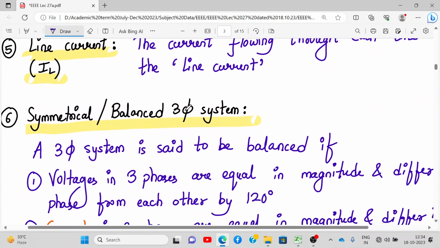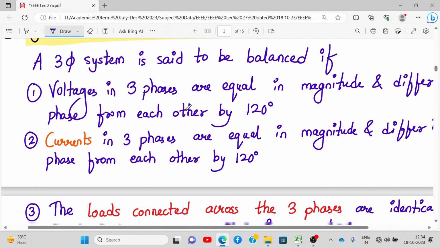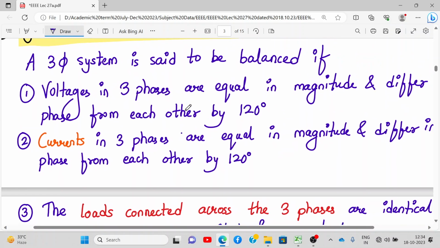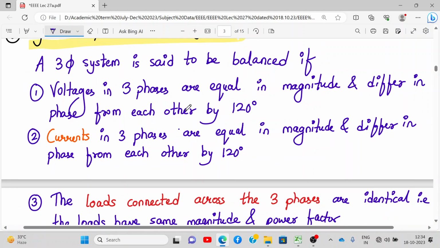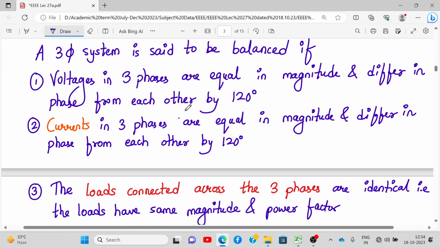Now write down the next heading: symmetrical or balanced three-phase system. Now I will make you write this because this is important. Whatever I'm making you write, it can be asked, high possibility in the exam.